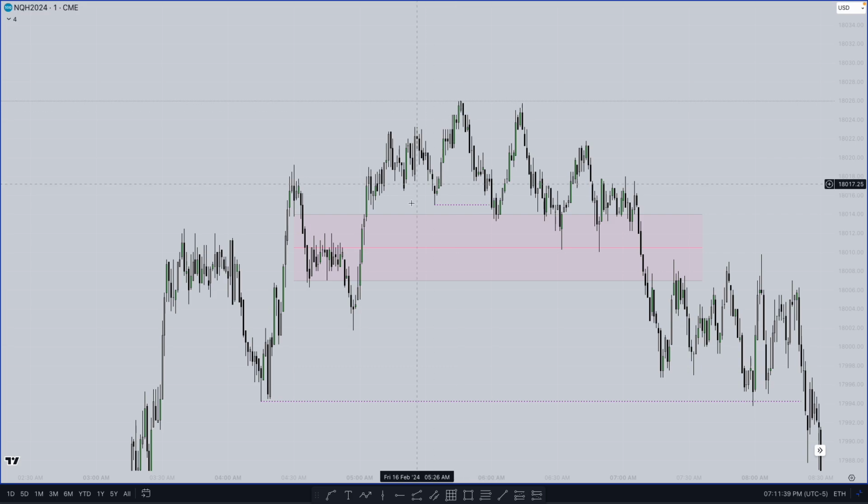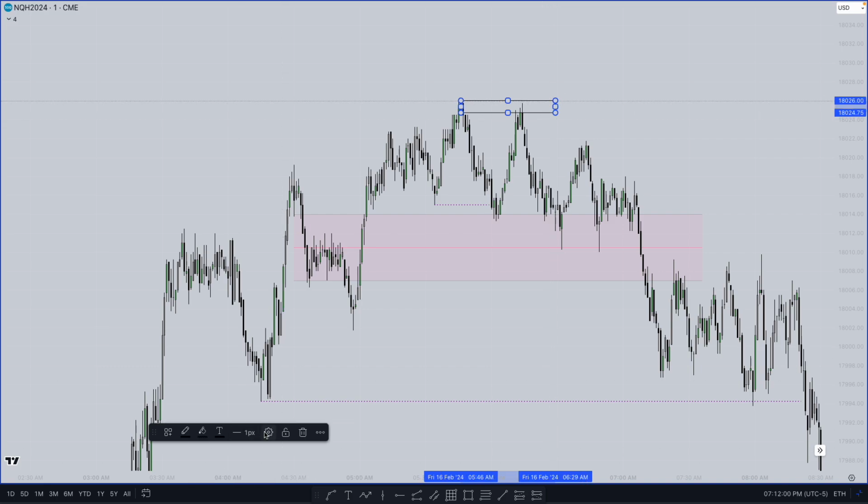But what happens instead is you're unable to create a new high and you have a swing failure, and that swing failure happened on the last upswing.